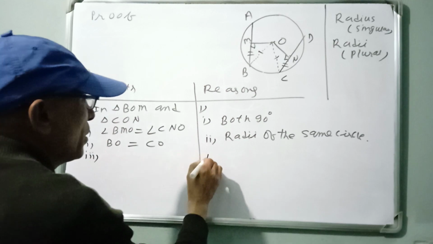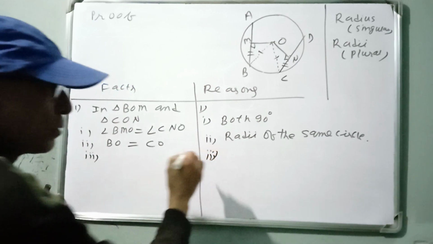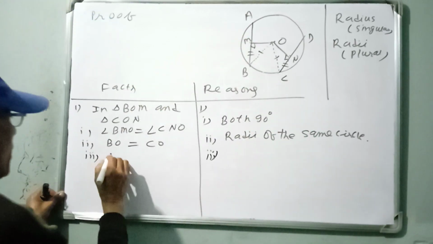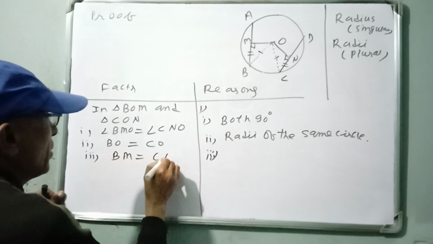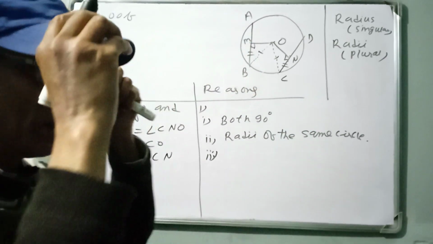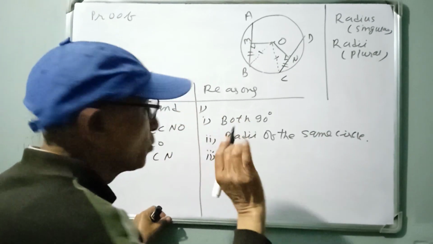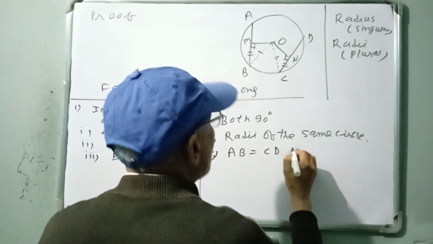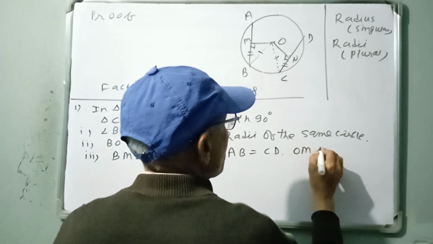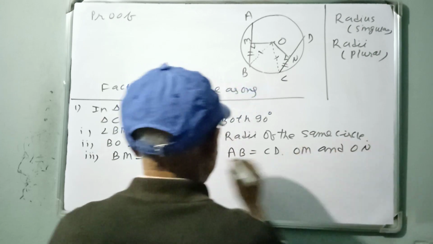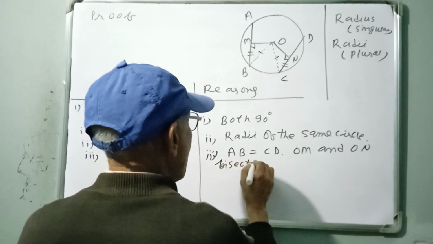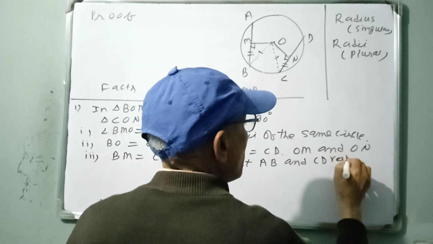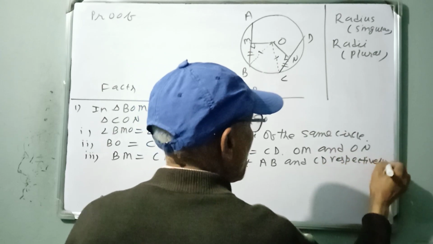Another side is also equal. Here students can write it as another point, but I write directly BM equals CN. Why can you write BM equals CN? Because there are two reasons. Number one, AB equals CD. Another, OM and ON bisect AB and CD respectively, by Theorem 1.